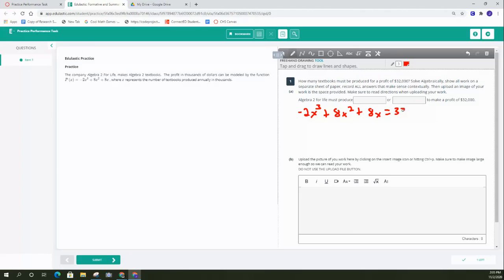The first thing we have to know is we can only solve polynomials when they're equal to 0, so I have to move this 32 over. Then I get negative 2x cubed plus 8x squared plus 8x minus 32 equals 0.